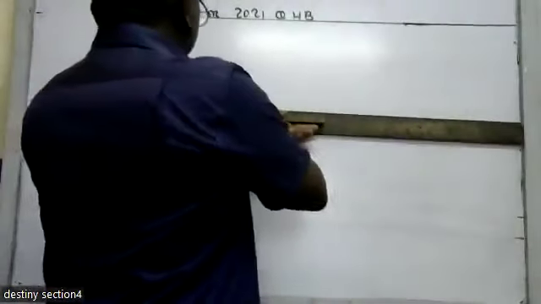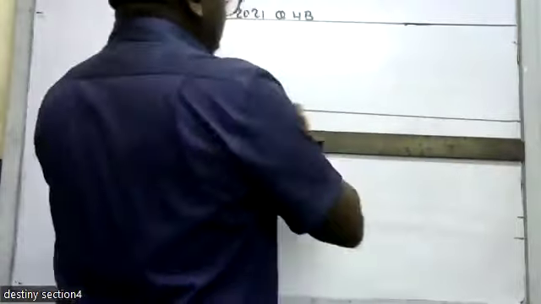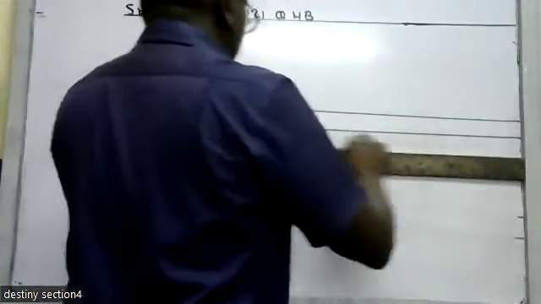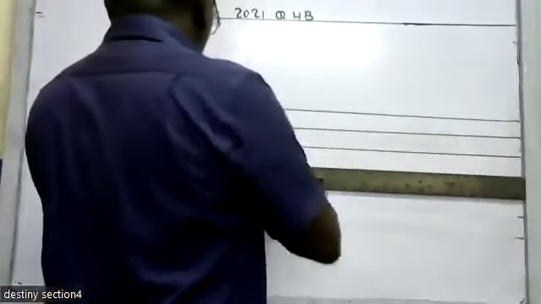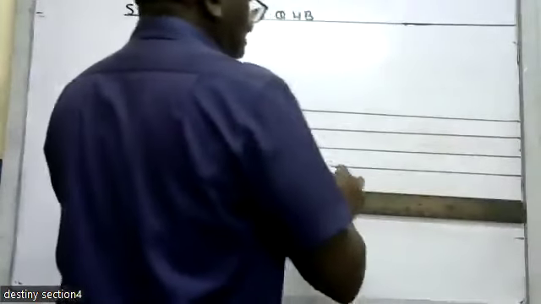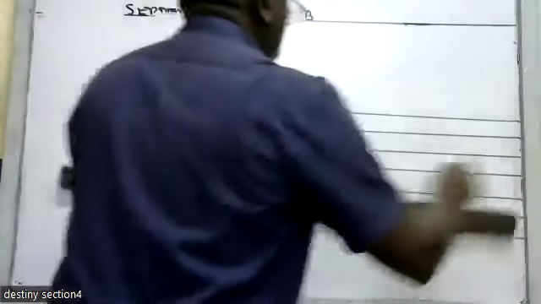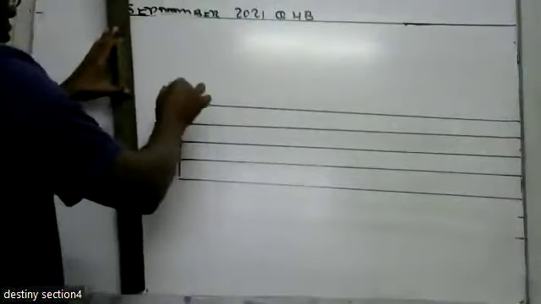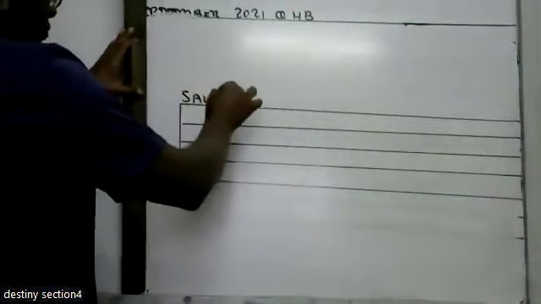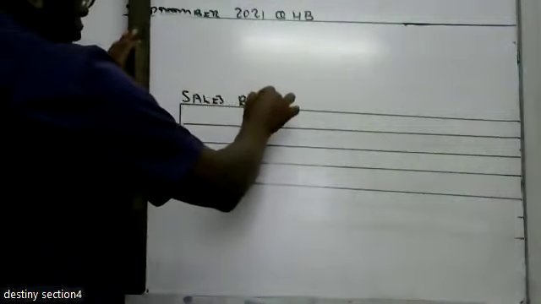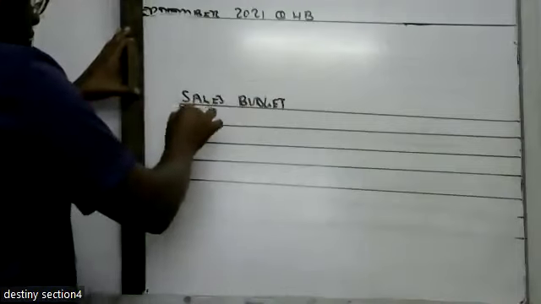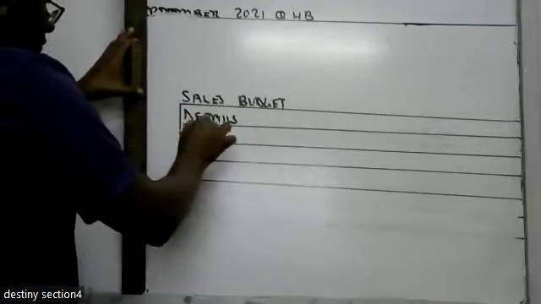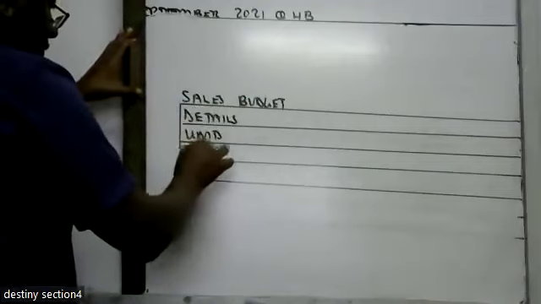Sales values. Sales budget. So sales budget on the details. On the units. On a price.